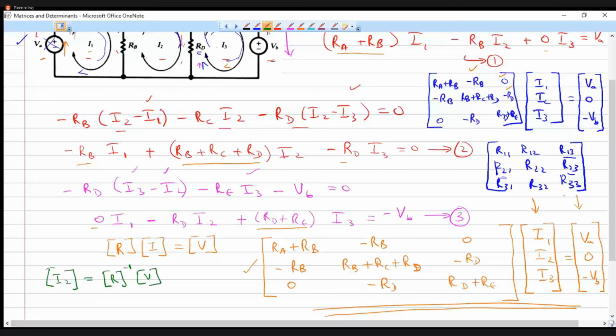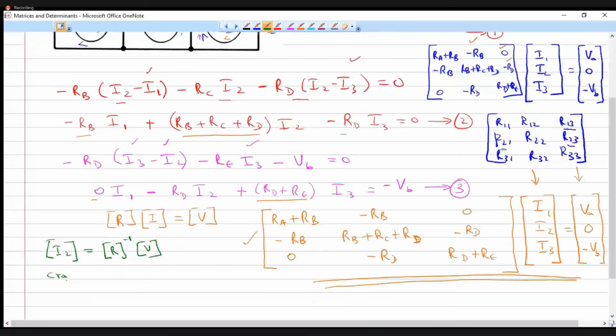Which method do you know to find the inverse of a matrix? It is Cramer's rule, right? So instead of solving the simultaneous equations, you can invert this matrix. Once you are able to write the matrix like this, then you can use the R inverse and multiply it by V.